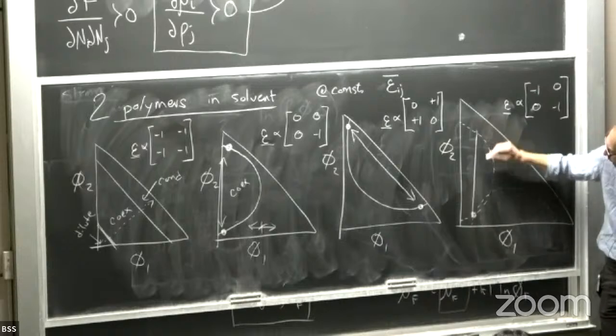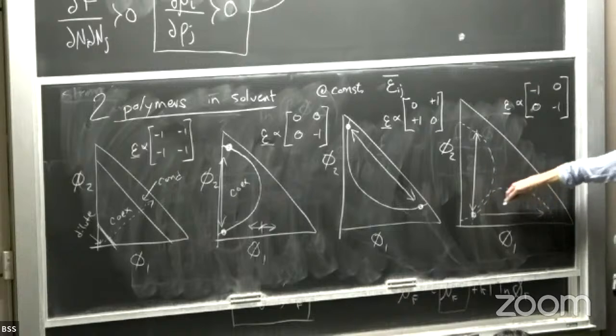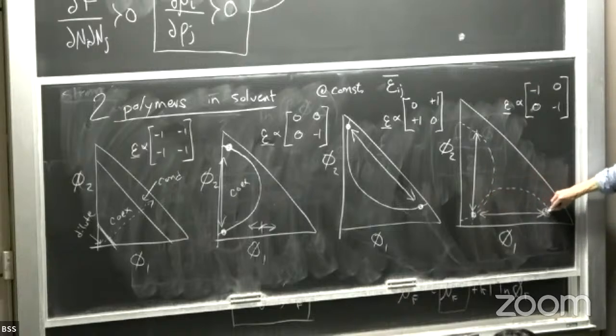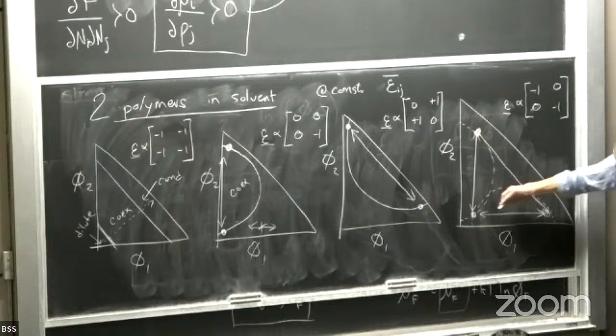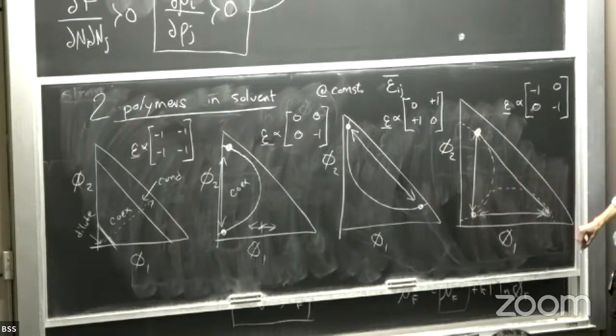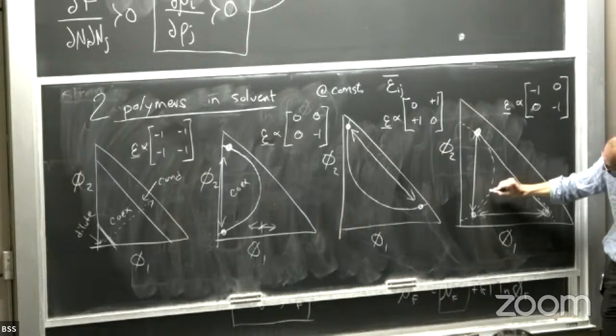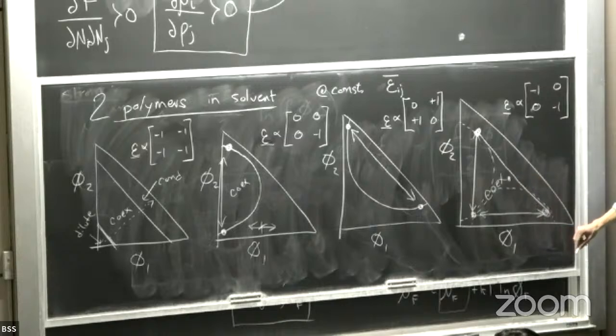So this one wants to go like this. We have one instability in this direction, another instability in this direction. Okay, so this whole thing here is your coexistence region, and we have 3 phases.